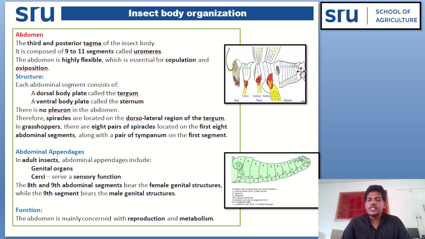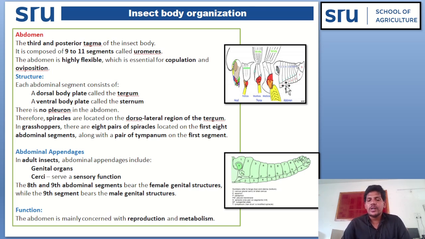Each abdominal segment consists of a dorsal plate known as tergum or notum and a ventral plate known as sternum. There is no pleural plate in the abdomen. Therefore, the spiracles are located on the dorsolateral extension of the tergum.